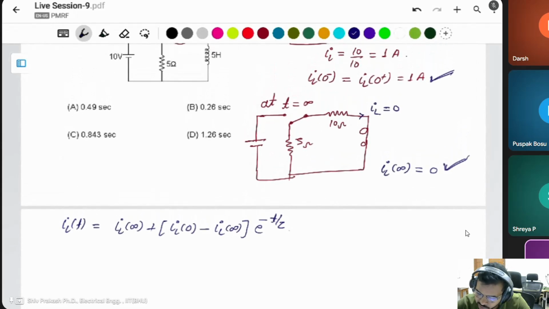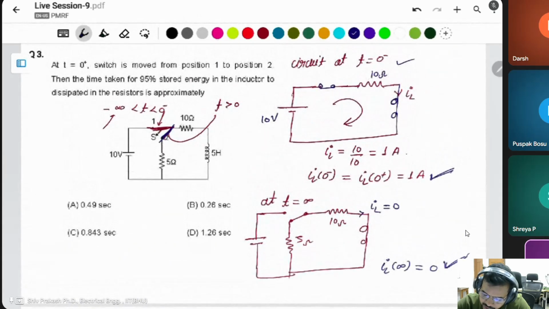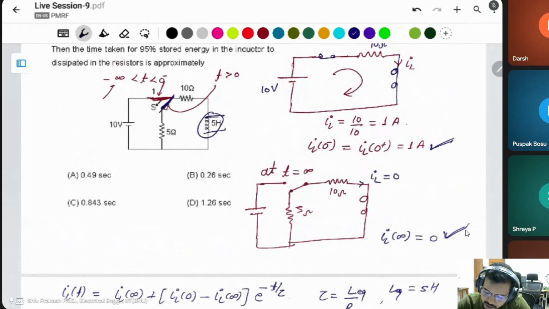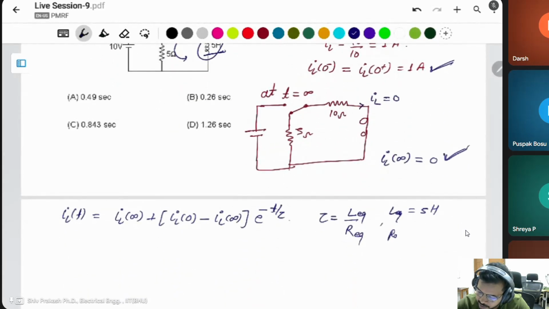But in this case, you have to find tau. Tau, you know, is L by R, L equivalent, R equivalent. In a steady state, this circuit is connected here. The inductor is simply 5 Henry. If you remove this inductor, then these resistors are connected in series. 10 plus 5 is 15. Then R equivalent is 15 ohm. Then what is tau?